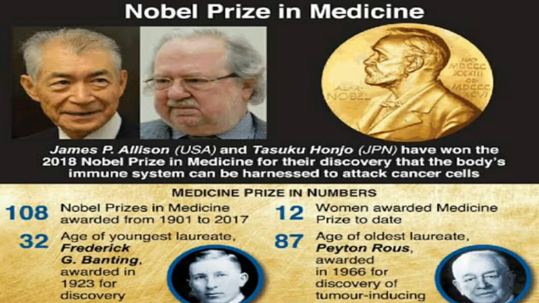In the year 2018, James P. Allison and Tasuku Honjo were awarded the Nobel Prize in Medicine for their discovery of a protein that acts as a brake on the immune system, thereby preventing it from identifying and destroying the cancer cell. They found two different mechanisms. The mechanism found by James P. Allison was different from that found by Tasuku Honjo.